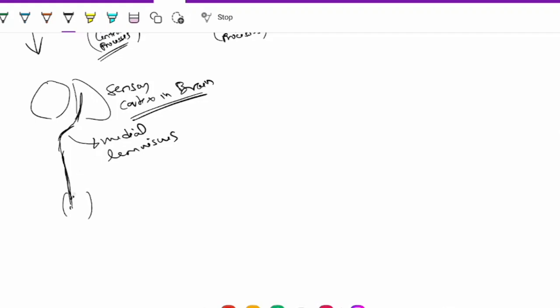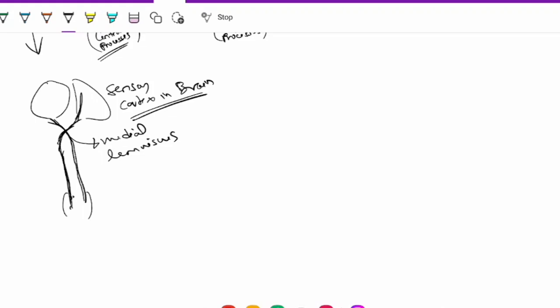But understand this, that the sensations from your face are perceived by the opposite cerebral hemisphere, because they are going to cross over, also known as decussation.